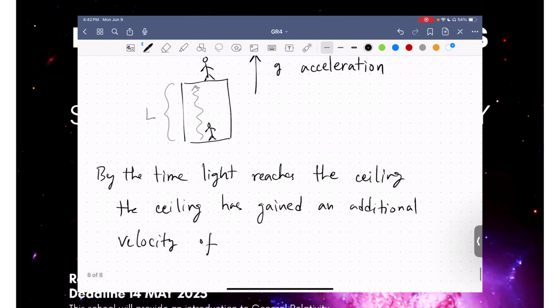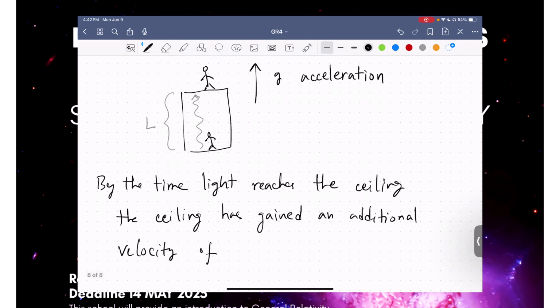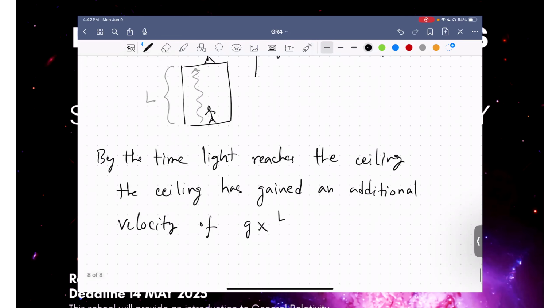So how much velocity has it gained? You have to multiply the acceleration by the time it took. How much time does it take for light to travel distance L? It's just L over c. So it has gained a velocity of gL over c.